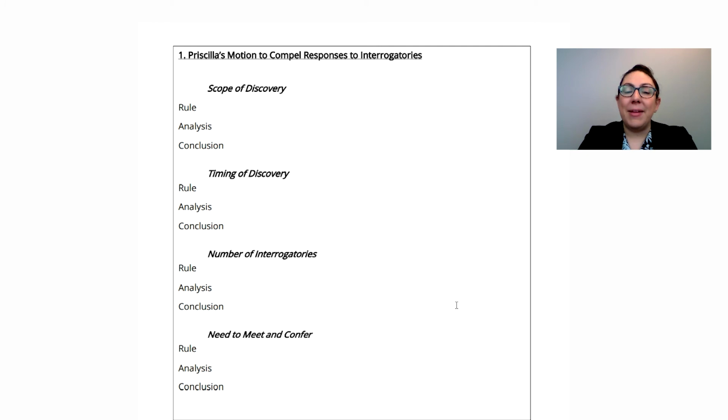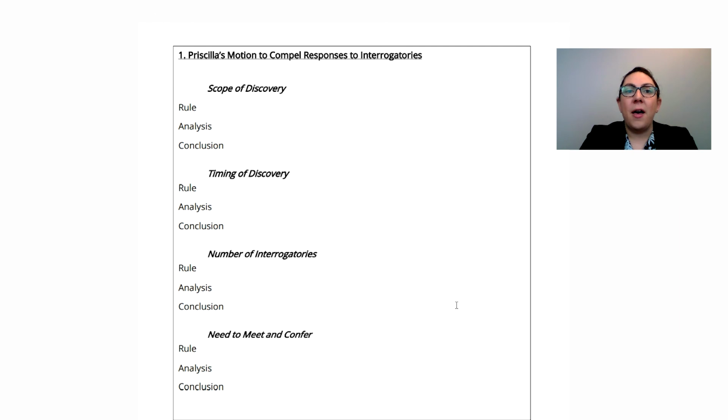So if your rule statement had said, for instance, here's the scope of discovery, here's the timing of discovery, here's how many interrogatories you get, and here's what you have to do before you're allowed to file a motion to compel, and you put it all in one paragraph, and then you move to the next paragraph and you analyze all four of those things at once, that's a lot of work for the grader to do. They have to keep going back and forth between your rule and your analysis to make sure that you're talking about the right thing. So rather than putting that burden on the grader, make it easier on them and break these issues down into sub-issues.